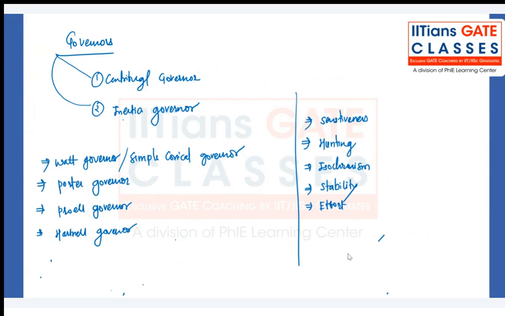Some concepts related to the governor we have also studied, like sensitiveness of the governor, which is sensitivity, hunting, isochronism, stability, and the effort. So this is something we have studied.